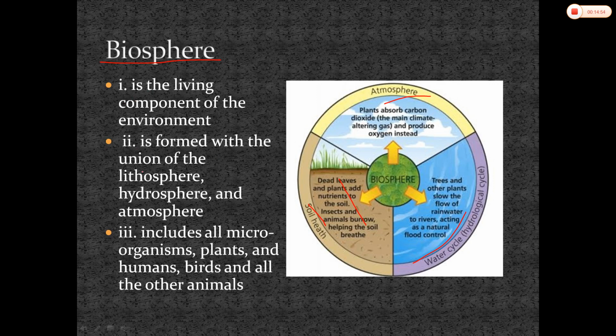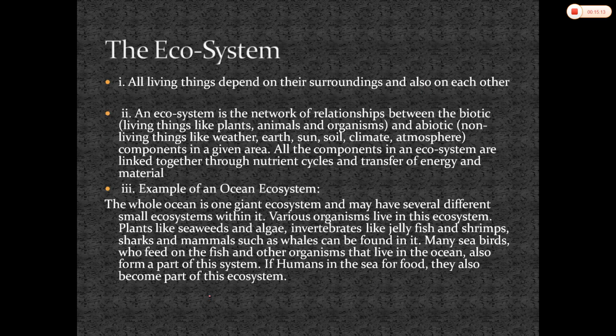It is formed with the union of the lithosphere, hydrosphere, and atmosphere. This biosphere includes all kinds of microorganisms, plants, humans, birds, and all other animals. Now we are going to see the ecosystem.